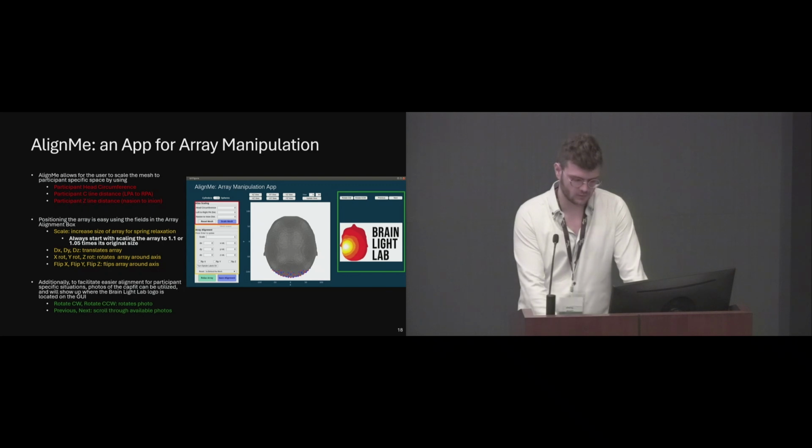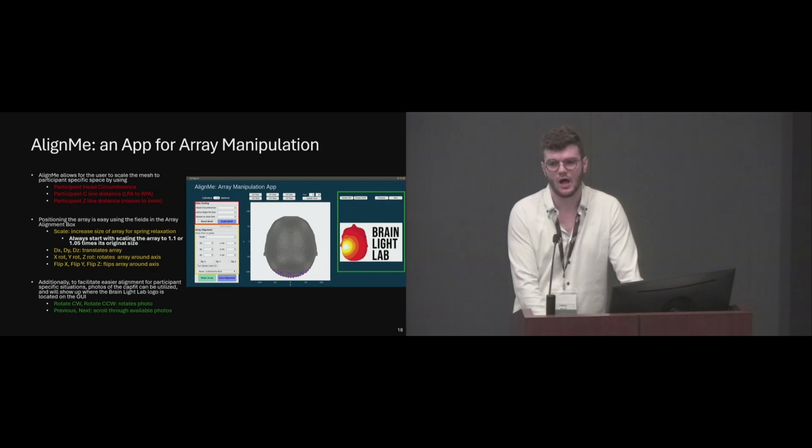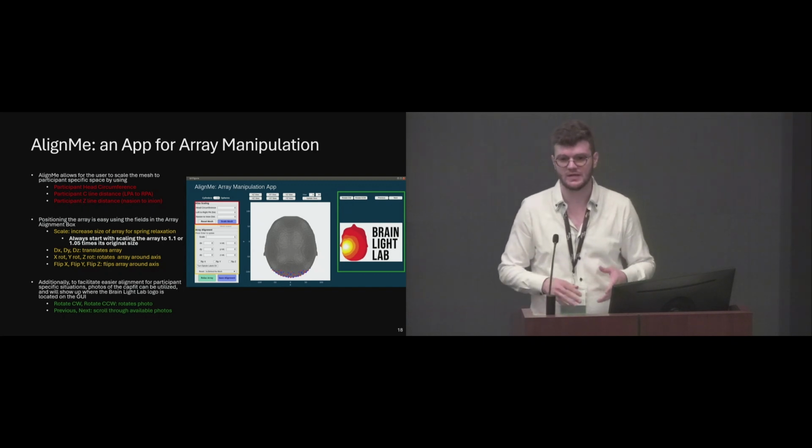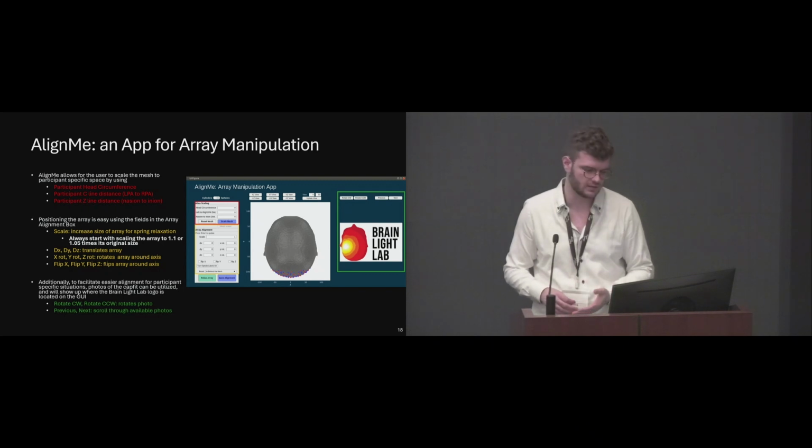And then lastly, we have a UI on the right-hand side of our app for photos. This is super useful for ensuring that your cap placement is more in line with what was happening in the clinic. So when the cap was actually on a participant, we want our model in computer land to be as close to what we saw in the facility as possible.